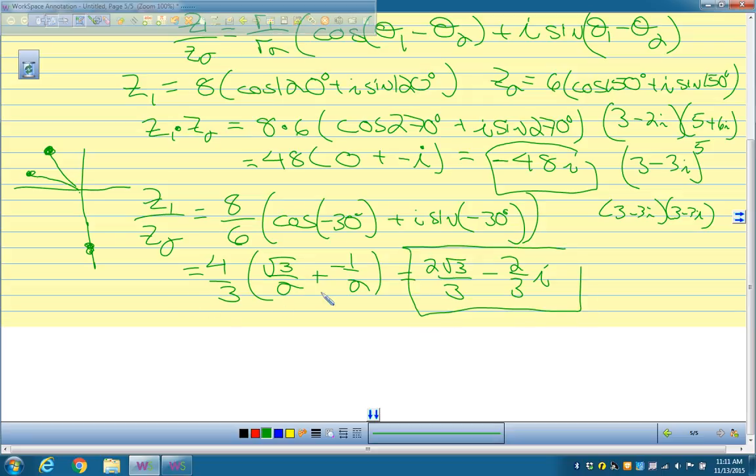So I just simplified those fractions. Do you see what I did? Anyone? Yeah? Okay? So if I want to divide this complex number by this complex number, it just comes out to be this, because I subtract the angles, I divide the r's, and I end up getting this, and that's all she wrote.